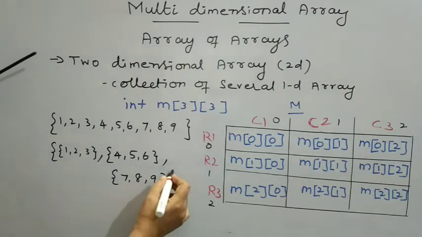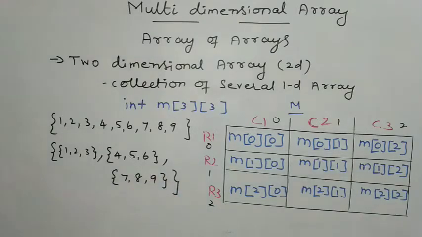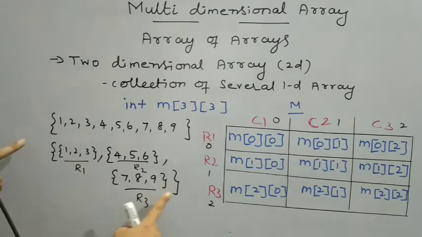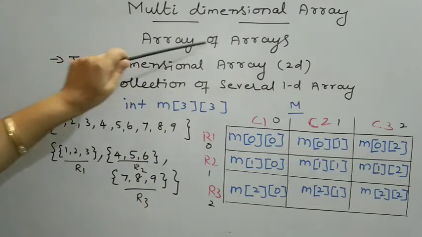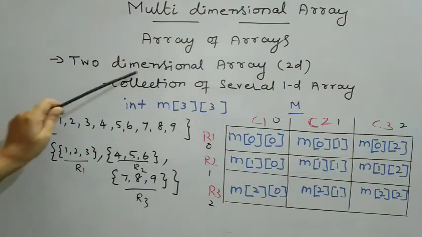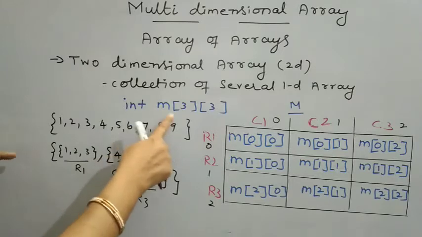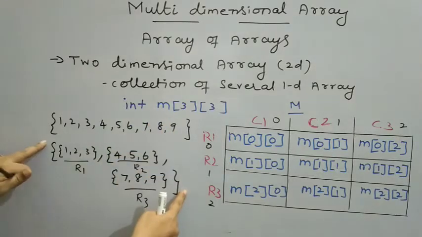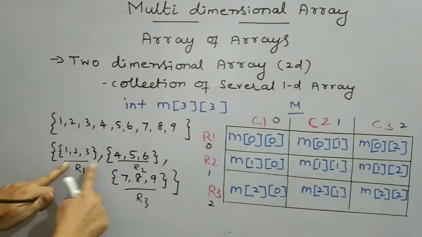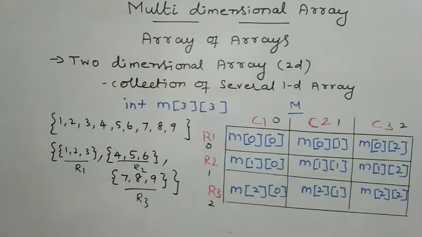Then enclose all of this: the values of row 1, row 2 and row 3. So a multi-dimensional array is an array of arrays. A two-dimensional array is a collection of several one-dimensional arrays. This two-dimensional array M is a collection of several single-dimensional arrays.